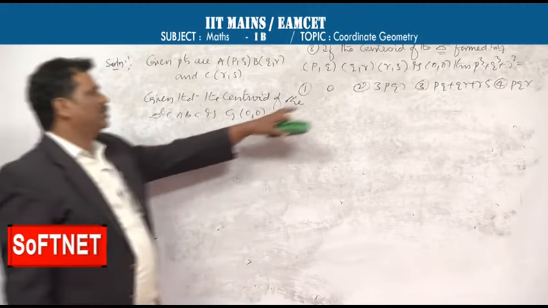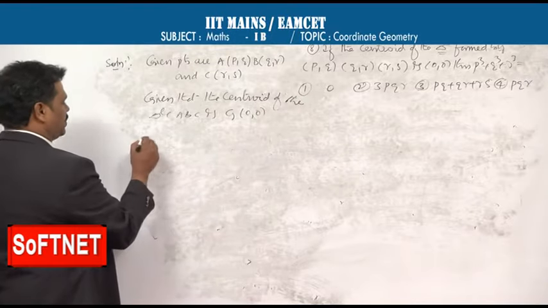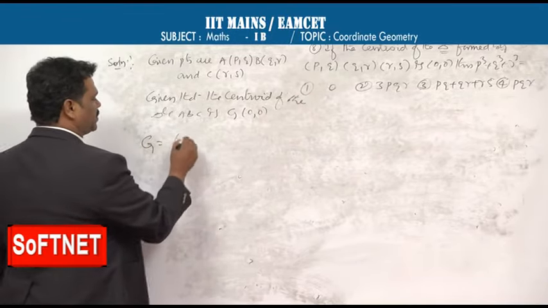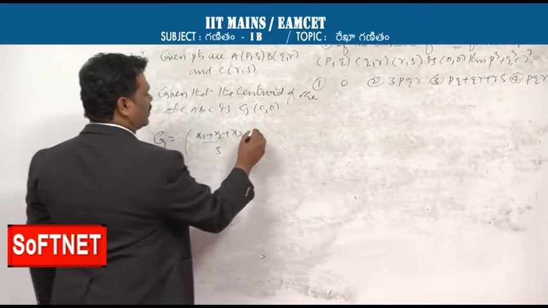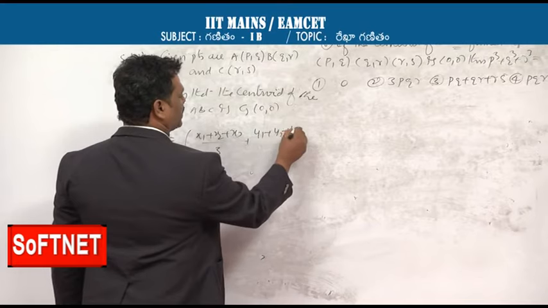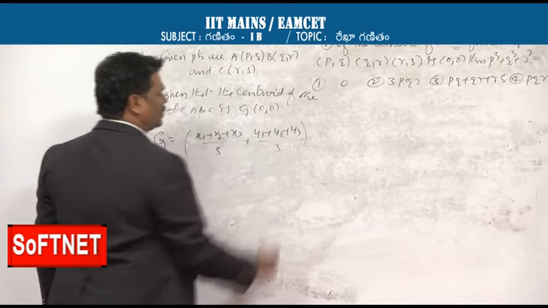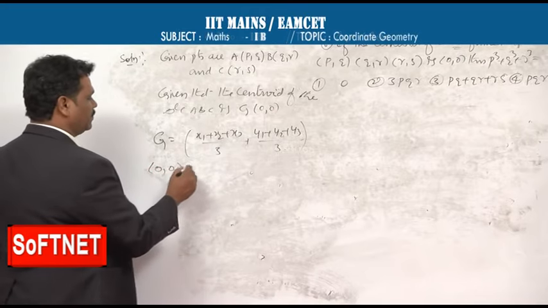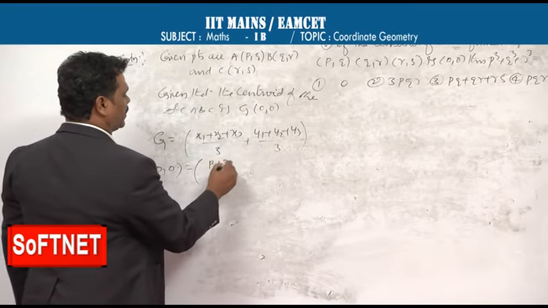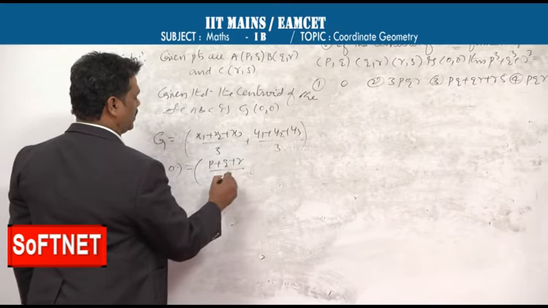The centroid is given as 0 comma 0. What is the formula for the centroid of the triangle? G is equal to (x1 plus x2 plus x3) by 3, and (y1 plus y2 plus y3) by 3. So here G is equal to 0 comma 0, and P plus Q plus R by 3.